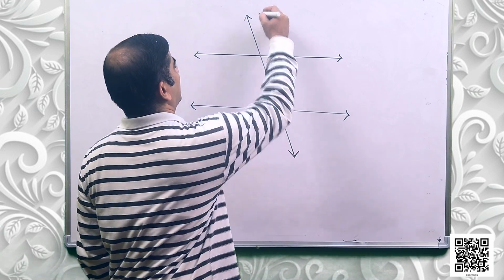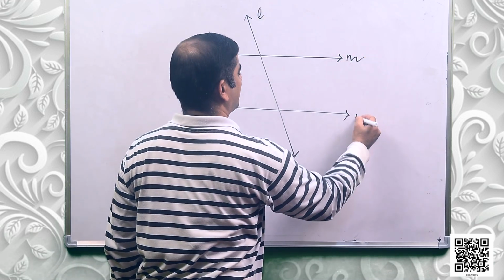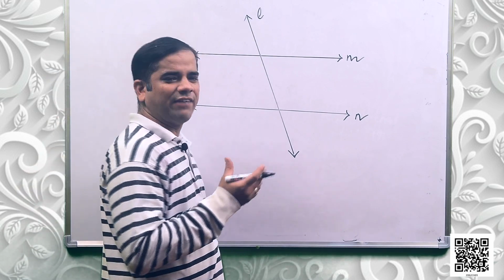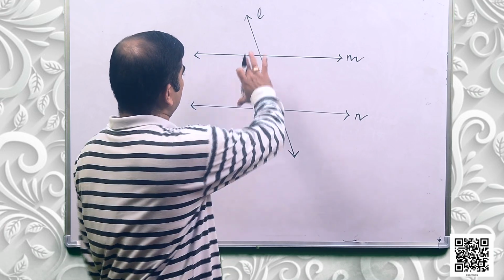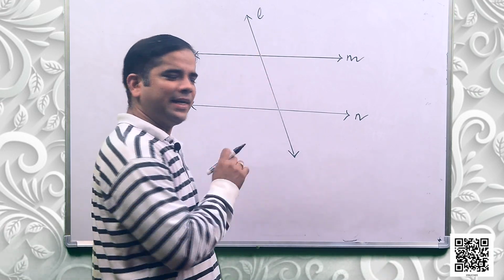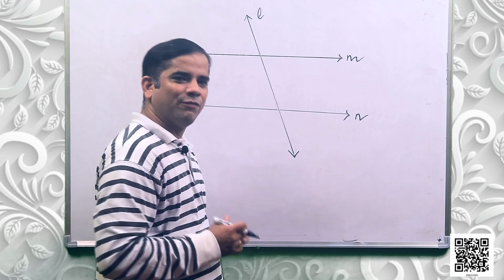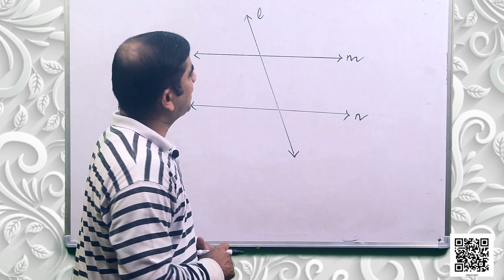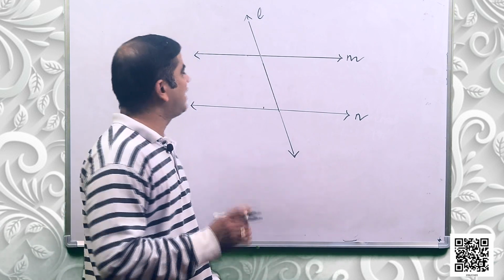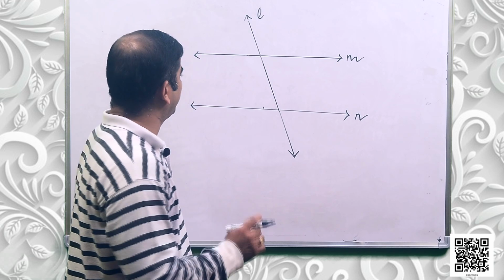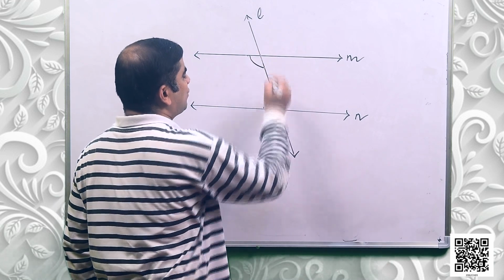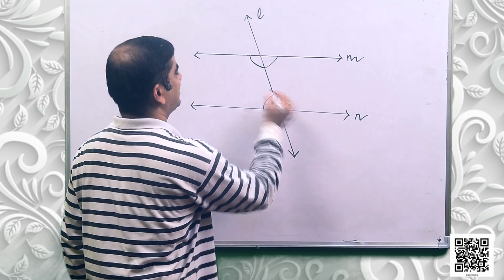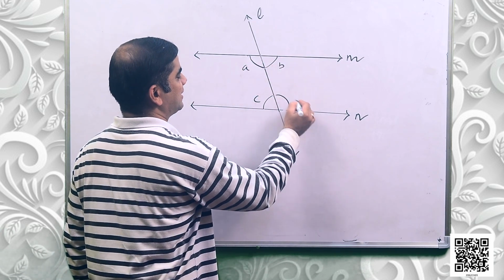Let us name these as L, M and N. Again, if I go to postulate 5, these two lines will meet each other on the side where the sum of internal angles is less than 180 degrees. But a point will definitely arise in which the internal angles on one side, let us first name the internal angles as A, B and C, D.